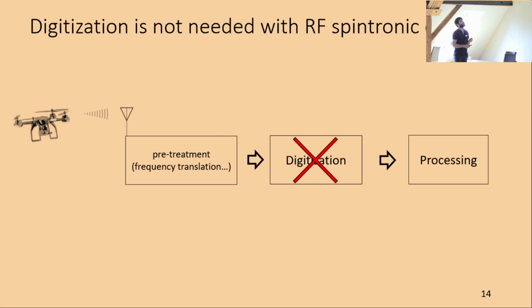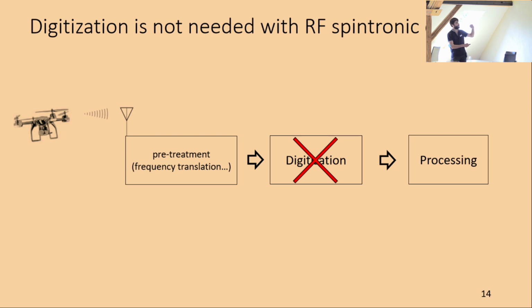An advantage of radio frequency spintronic devices in this task is that, contrary to when we consider a software part, when you can do this task as well, you can actually avoid one step in the treatment. So, for example, you first receive a certain signal.